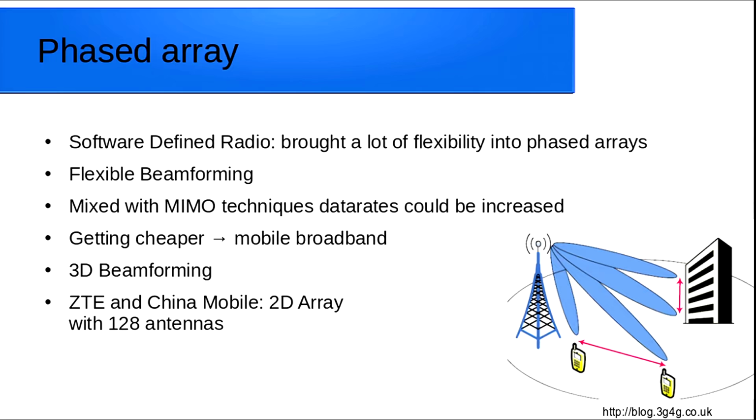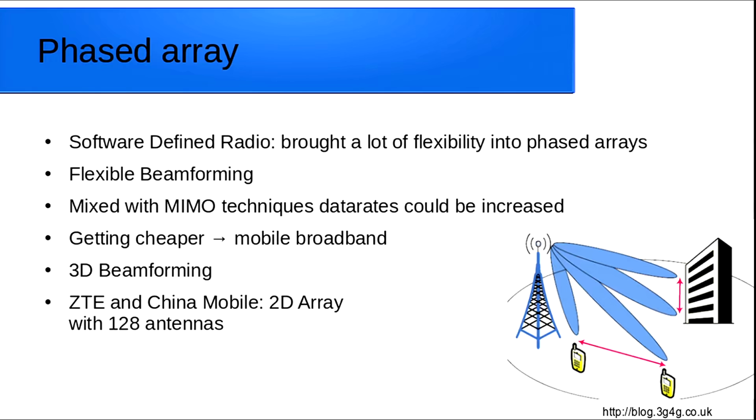You get very flexible beam forming. Depending on the phase you set in software, you can change the direction of the beam, and also mix this with MIMO techniques. So with MIMO, multiple input, multiple output, you additionally do some precoding on each signal coming from each antenna.